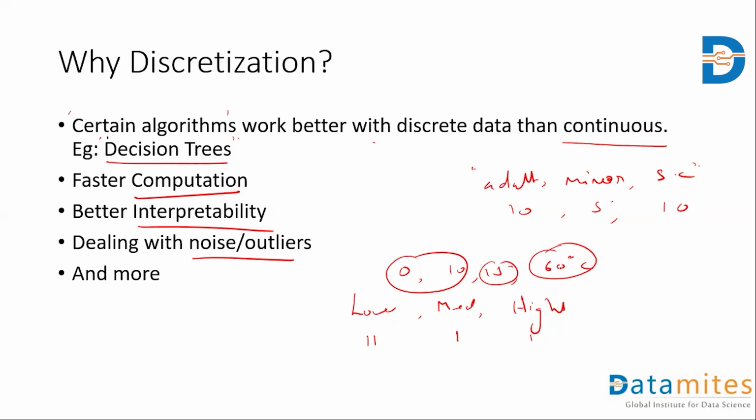It would have actually created biases in your machine learning algorithms as well, right? So that problem is dealt quite nicely when you are converting this to a category, right? And there are many more reasons as well, depending on the context, depending on the problem that you're facing. Discretization might help you in this manner.